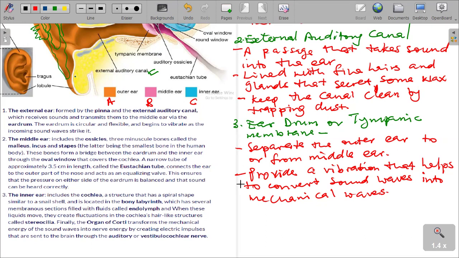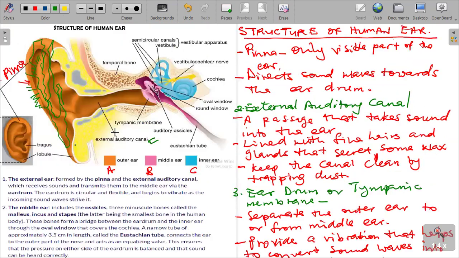And then we need to look at the ossicles, number four. If you look at the ossicles, you can see that they come after the eardrum. We have three pieces of bones joined together, which we call the auditory ossicles.